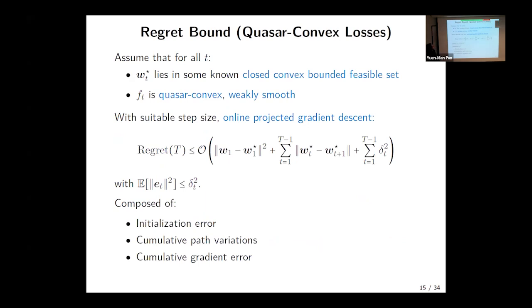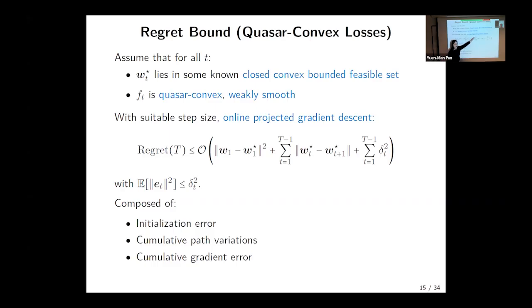Go to the regret bound of Quasar-Convex losses. Assume that we have some closed convex bounded feasible sets, which is a standard assumption in online convex optimization. And then if Ft is Quasar-Convex and weakly smooth.